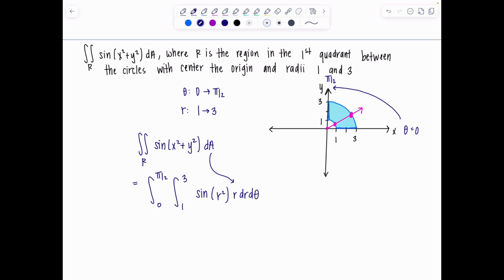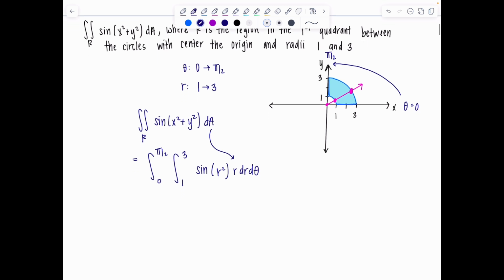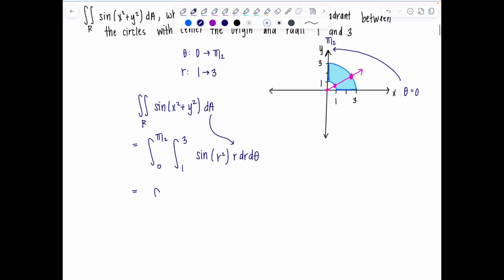Now, in this case we can still break it up. So I can write this as 0 to pi over 2, there's no thetas, so it's just d theta. And I'm going to show you a snazzy little shortcut right now. And then we have 1 to 3 r times sine of r squared, dr.